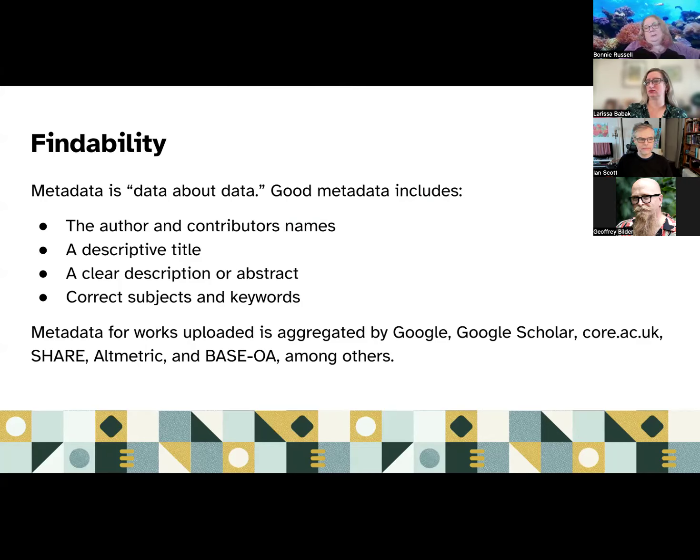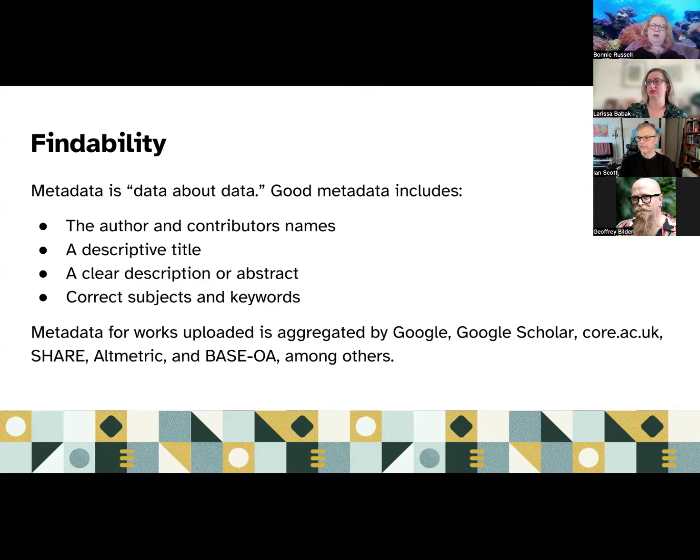A descriptive title. Clear description or abstract. Obviously, a paper would have an abstract. A piece of art might have a description. And then something called subjects and keywords. So I'm sure everybody's familiar with keywords. Subjects are driven by what's called a taxonomy.